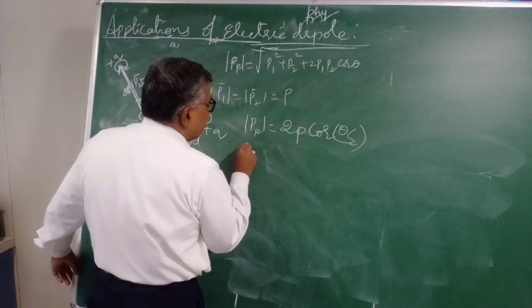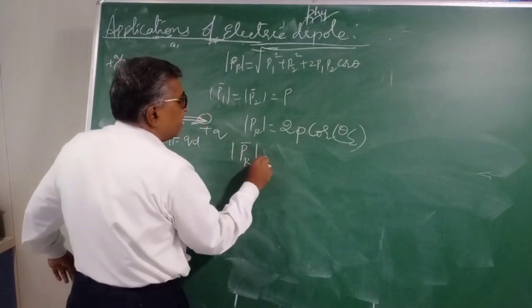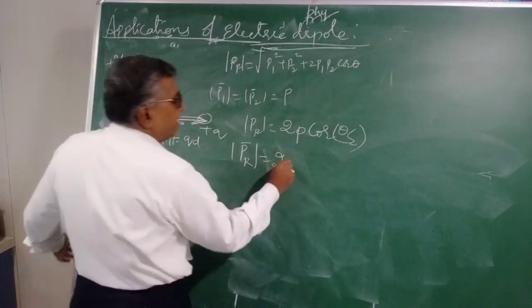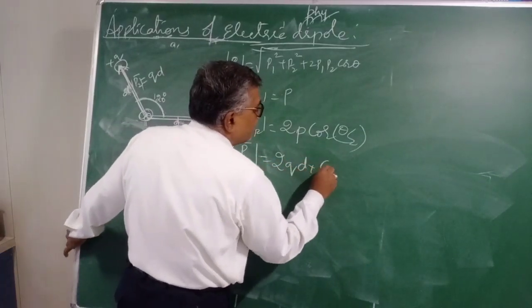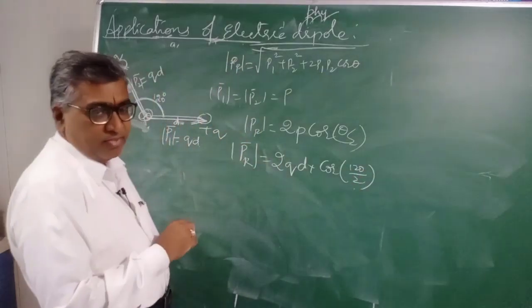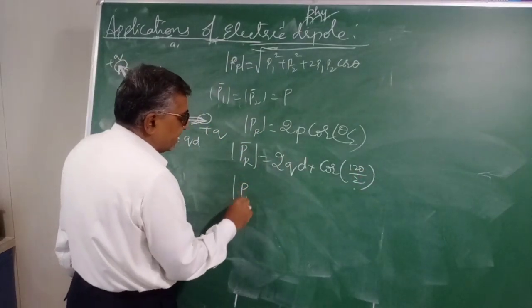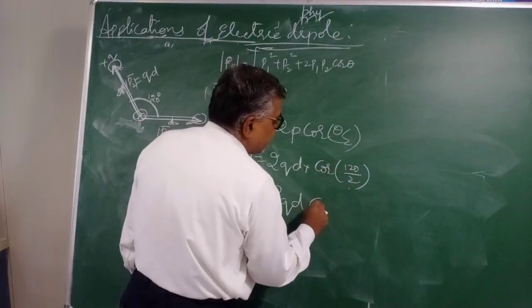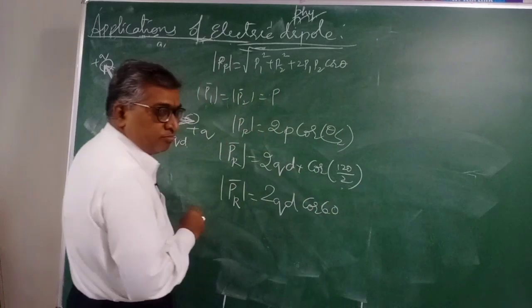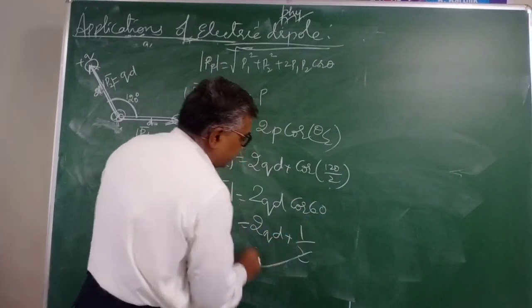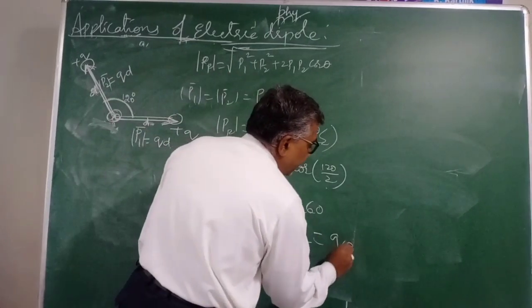So therefore, the resultant dipole moment is 2 times the magnitude of any one of the dipoles, QD, into cos of 120 by 2. So therefore, the resultant dipole moment is 2QD cos 60. But we know cos 60 is 1 by 2. So cancel. It's Q into D.